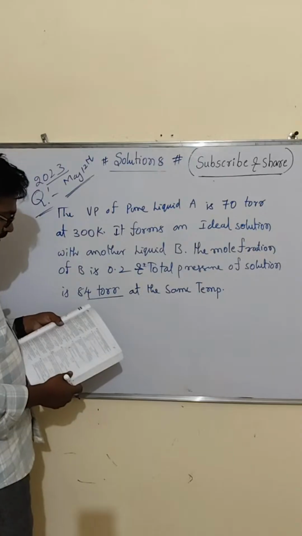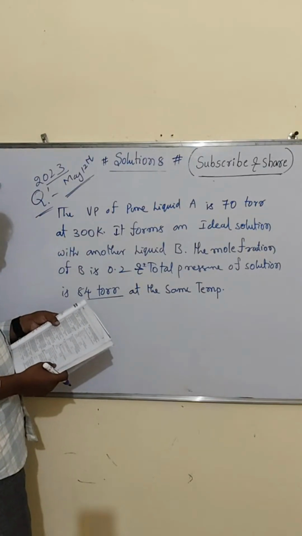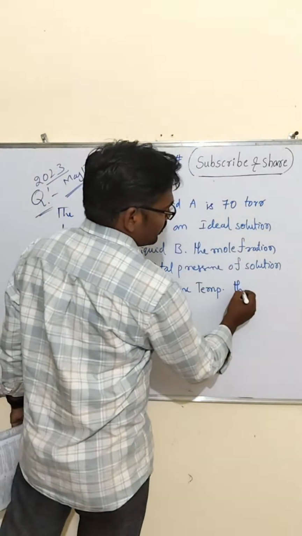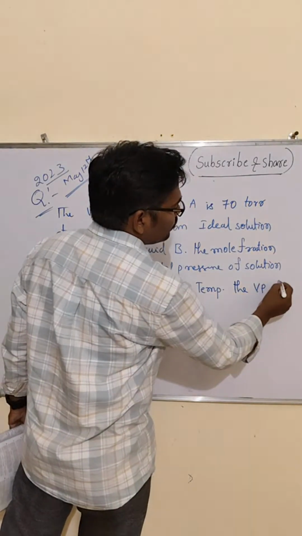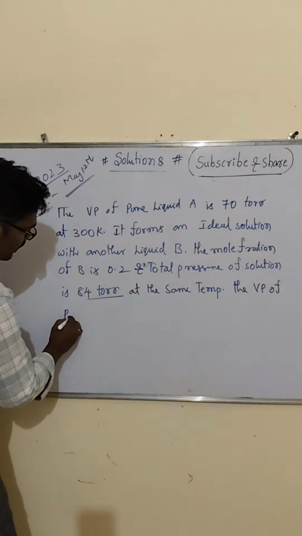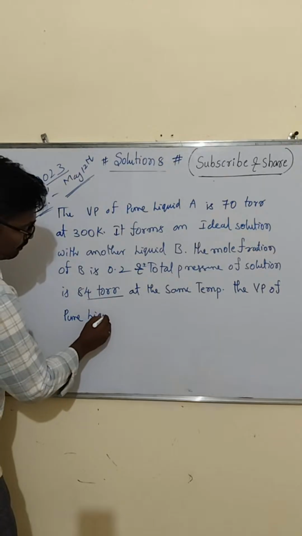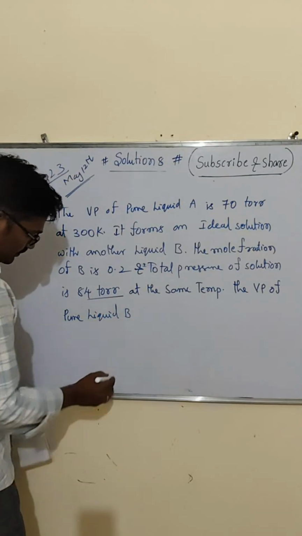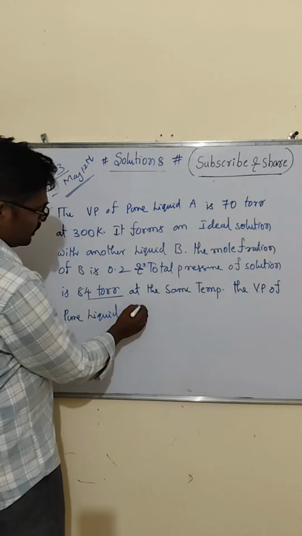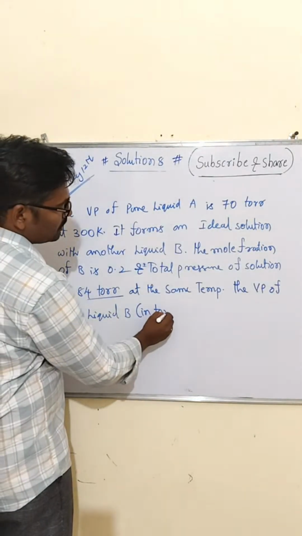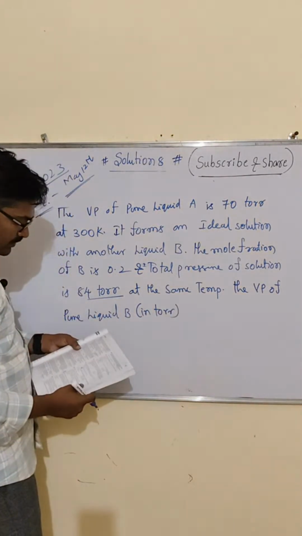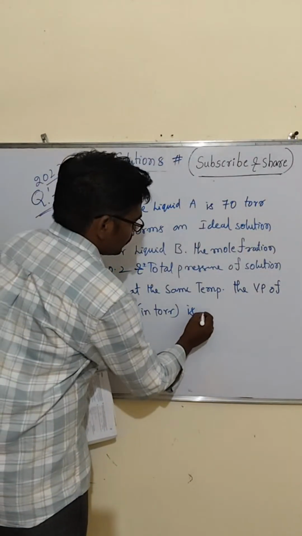Then the vapor pressure of pure liquid B in torrs is, this is the question.